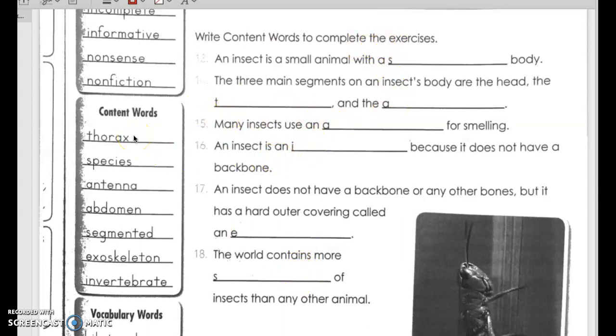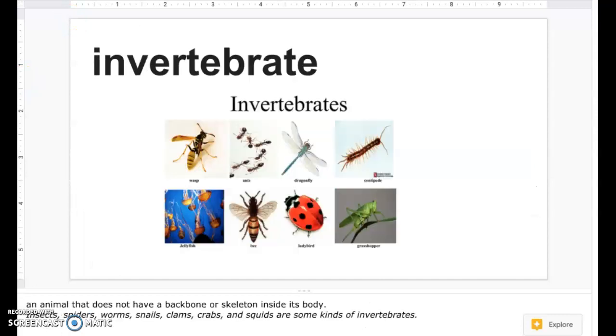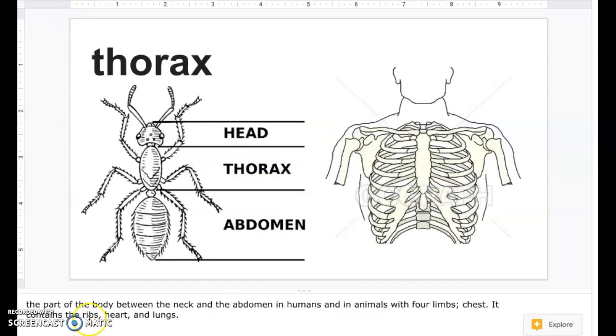Let's just go over the definitions of these words so you'll be able to complete the section on your own more easily. Starting with thorax. Thorax is the part of the body between the neck and the abdomen, so this part of the insect or of human beings.